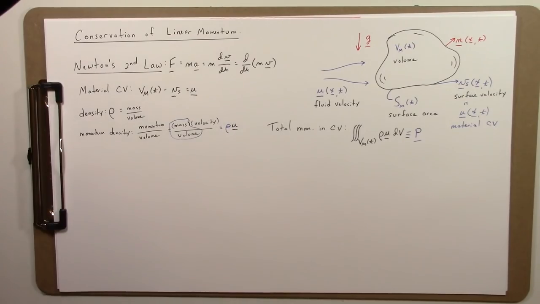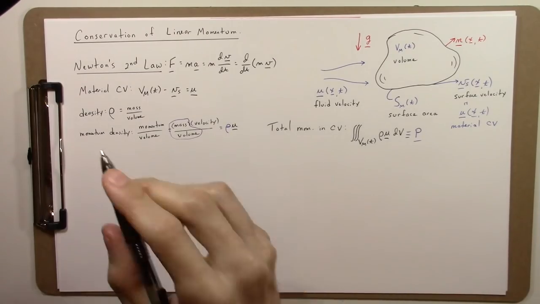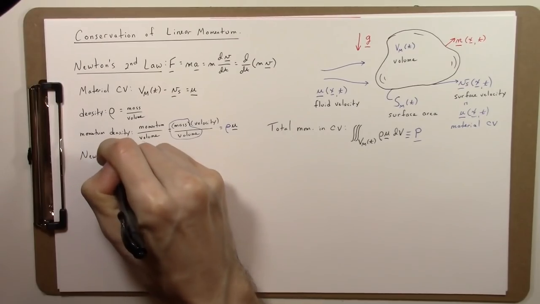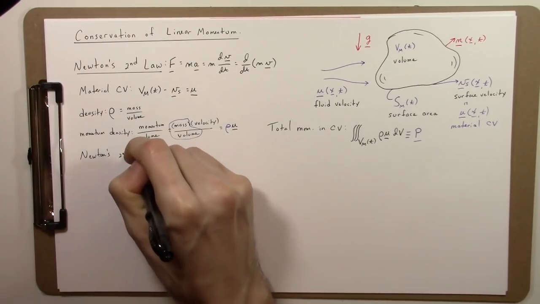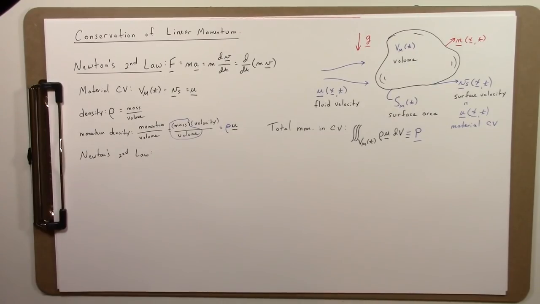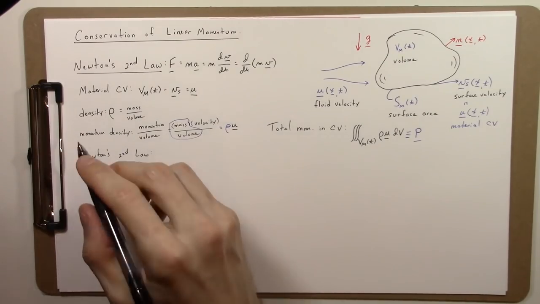The next step is simply to apply Newton's second law to the fluid control volume. We can say the rate of change in the momentum is equal to the sum of the forces acting on the fluid in the control volume. So I can write this out because this is important.